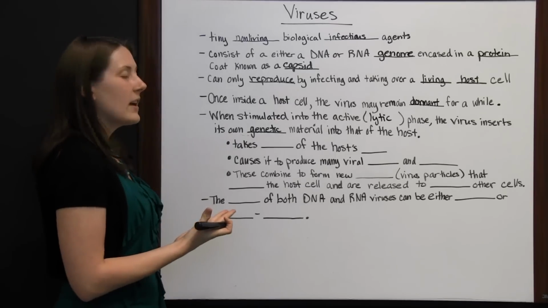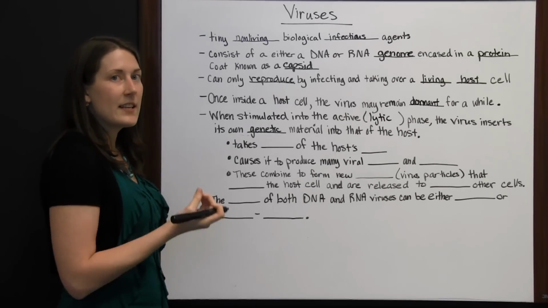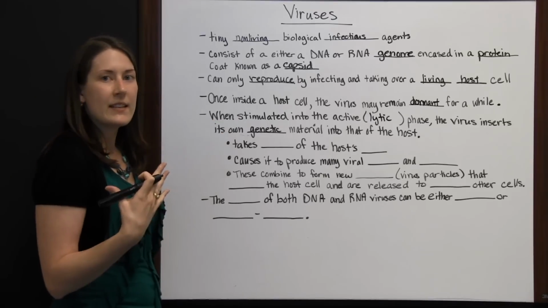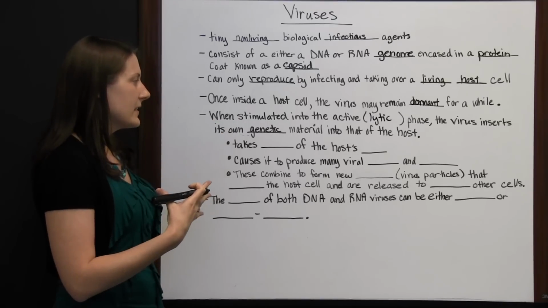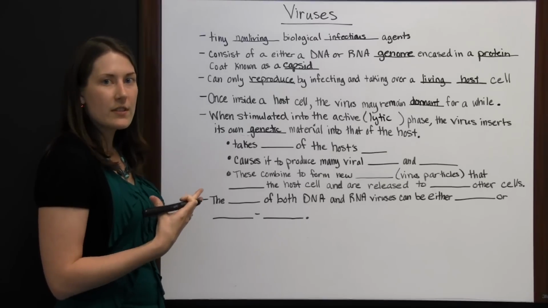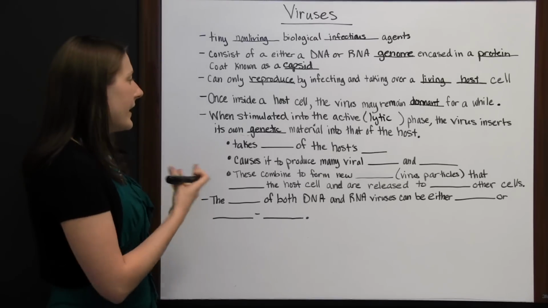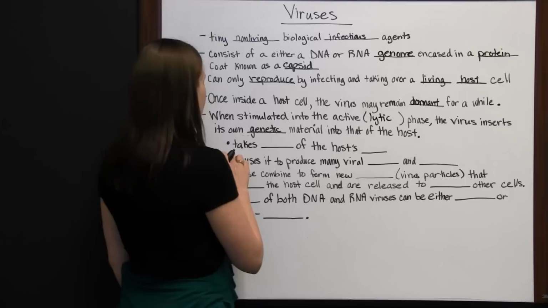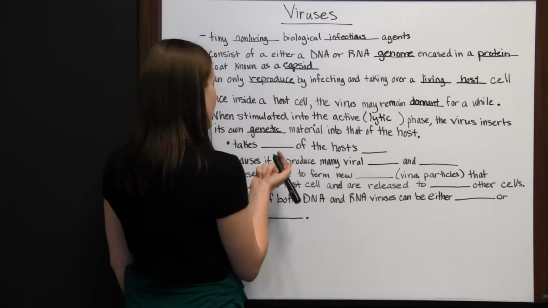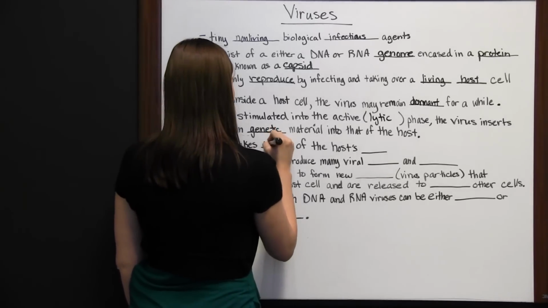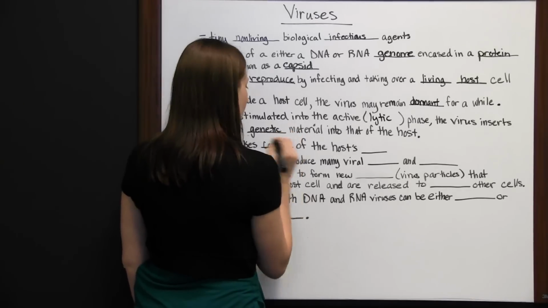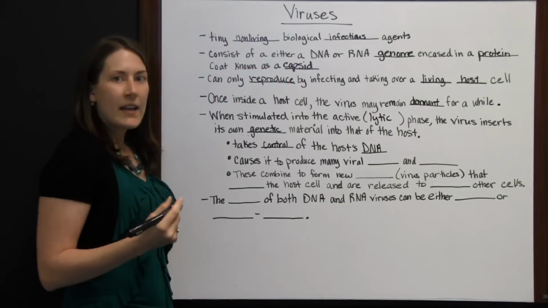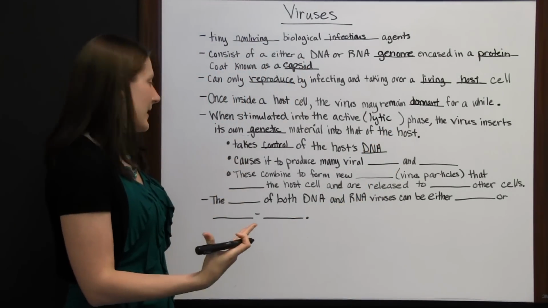So the host cell is unaware of this, and the DNA or RNA that is mixed in with the host DNA or RNA, it doesn't recognize that right away. So the virus is able to take control of the host's DNA by mixing with it and then taking over it.